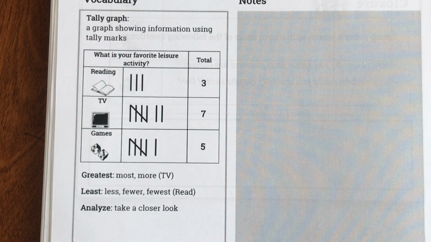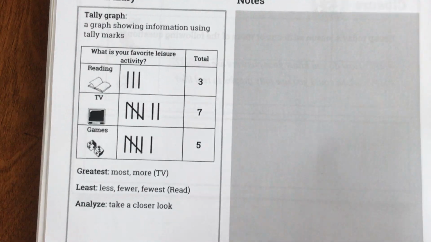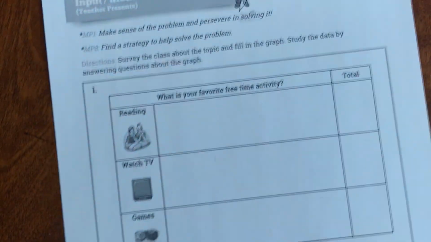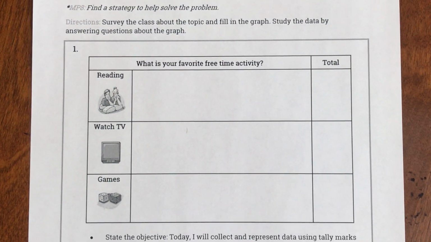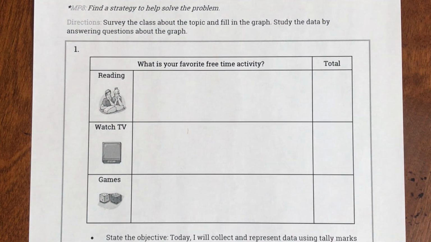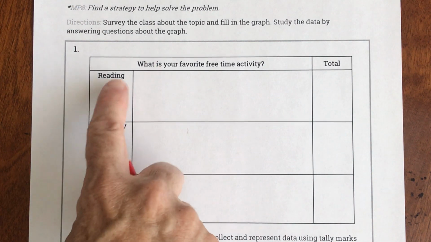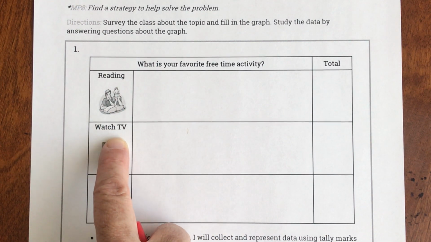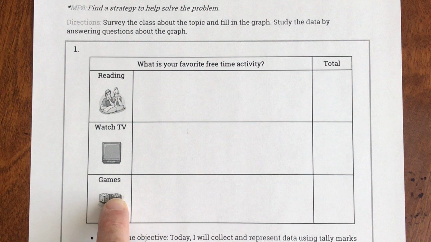Okay, so boys and girls, I'm going to get started with my red pen and my first problem. So here is my first problem. And it says, what is your favorite free time activity? So what is your favorite thing to do when you don't have chores or homework or you're not at school? And the choices are reading, watching TV, or playing games.